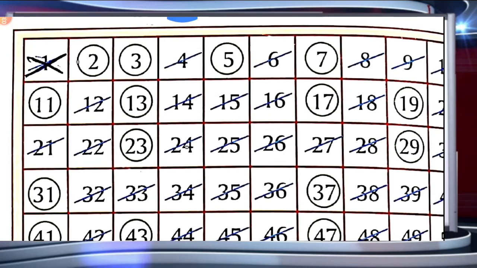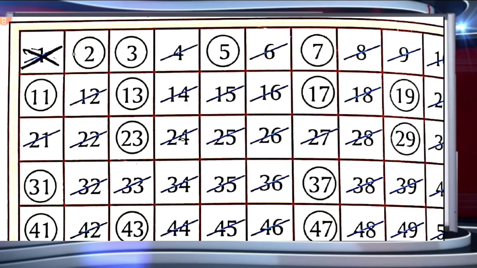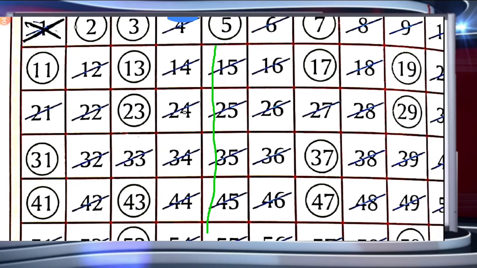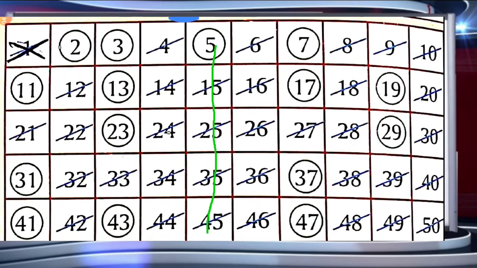Now, the next prime number is 5. 4 is a composite number as it is even. So, the next prime number is 5. You will circle 5 and cut all the multiples of 5. Students, you know that numbers that end with the digit 5 and 0 are multiples of 5.